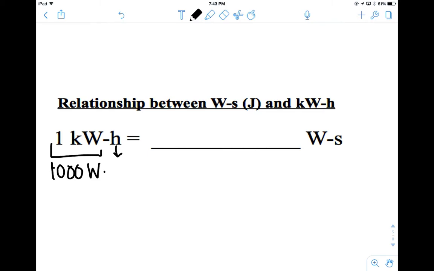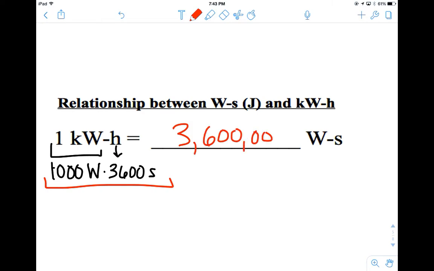So 60 seconds times 60 minutes gives me 3,600 seconds in 1 hour. So a kilowatt hour is actually 3,600,000 watt seconds. And a watt second is the same thing as a joule. That's what we use, joule.